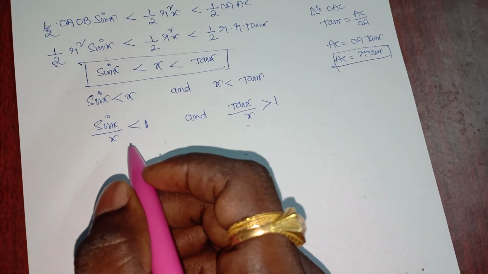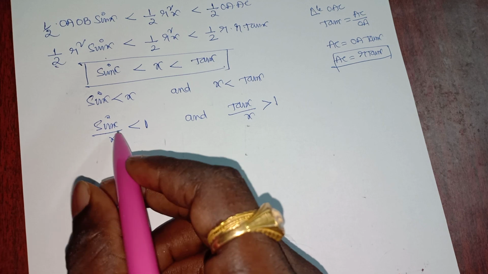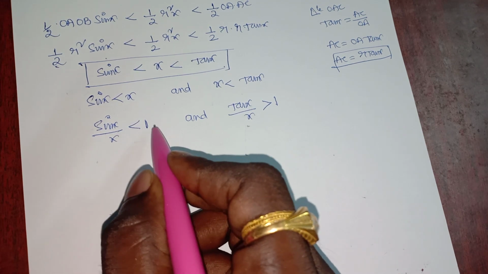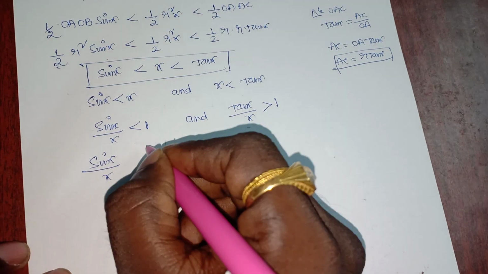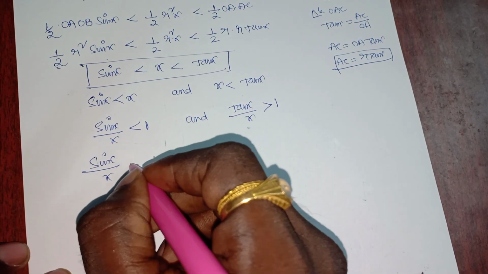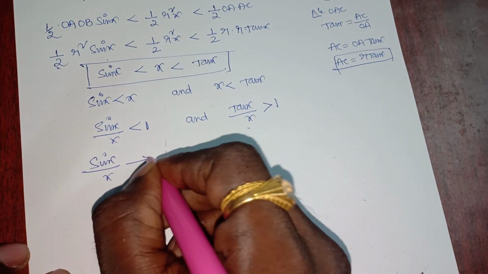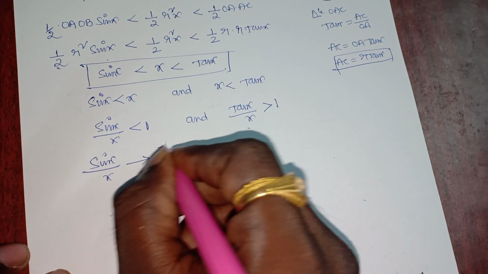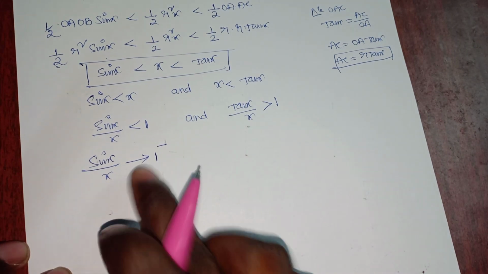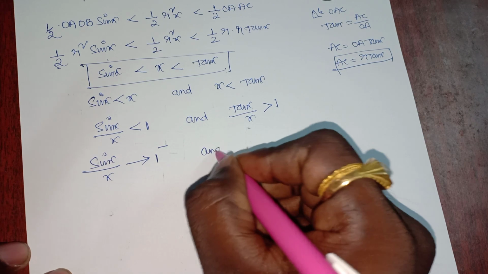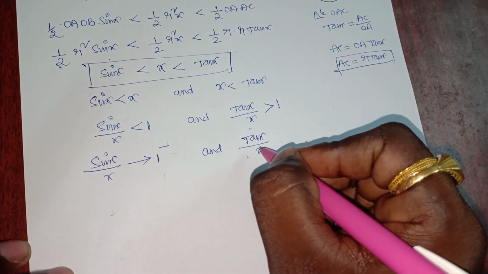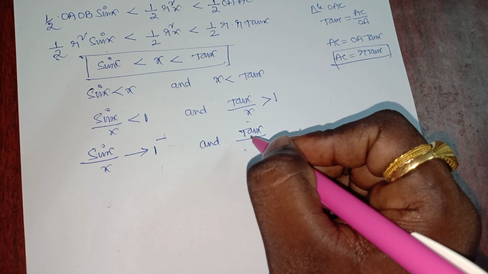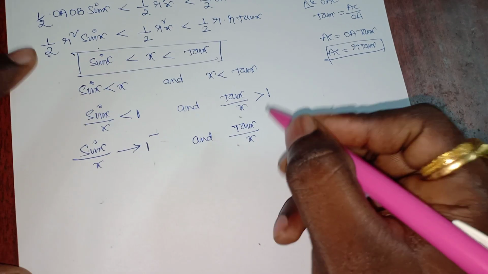In limits, less than 1 means sin x by x is very close to 1, which means sin x by x approaches 1 from the left side, that means 1 minus. And tan x by x is greater than 1 and very close to 1.